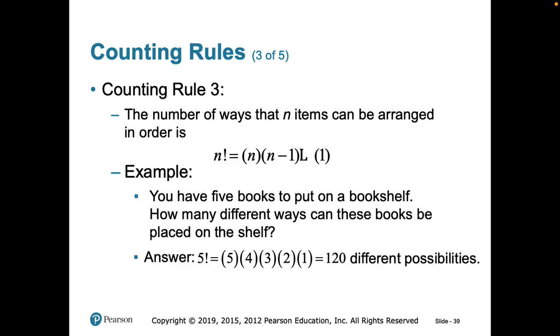You multiply 5, subtracting each time, because once a book goes on the shelf it's used. So 5 times 4 is 20, times 3 is 60, times 2 is 120, times 1 equals 120. On this one, you're computing the number of ways a set of items can be arranged in order.